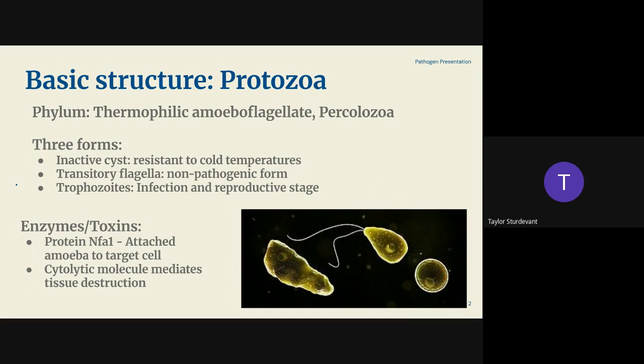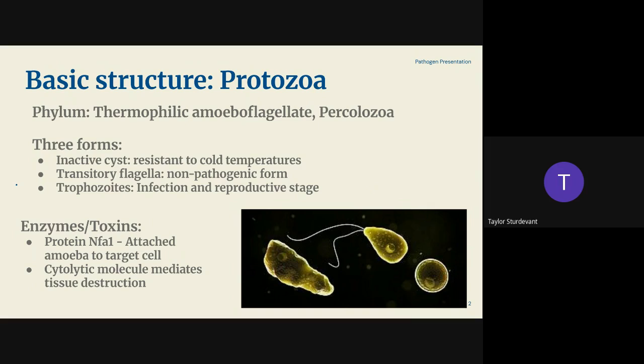The trophozoites also is the form that produces the specialized enzymes and toxins that allow for essentially it to eat our brains and become devastating to its host. A couple things it produces. It does produce a protein called NFA1.